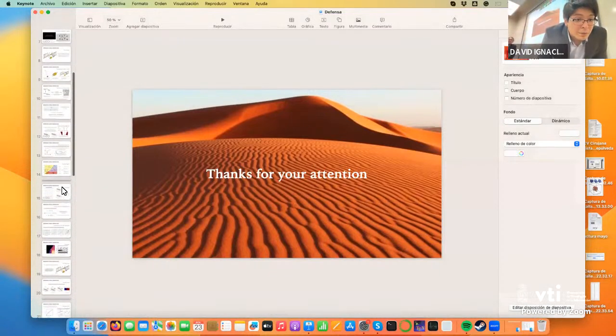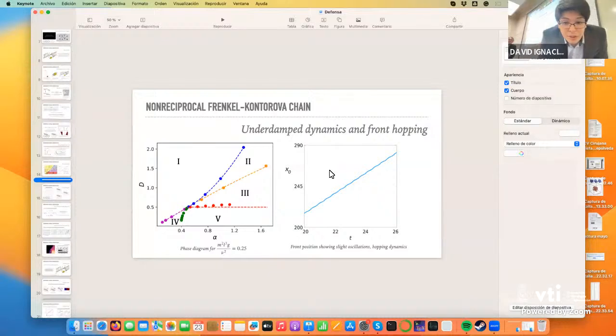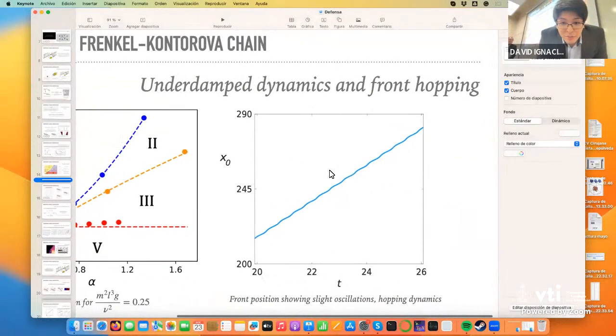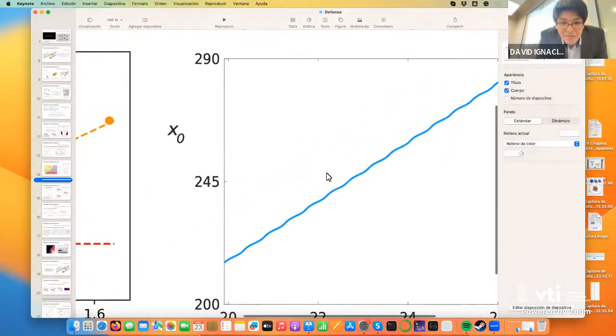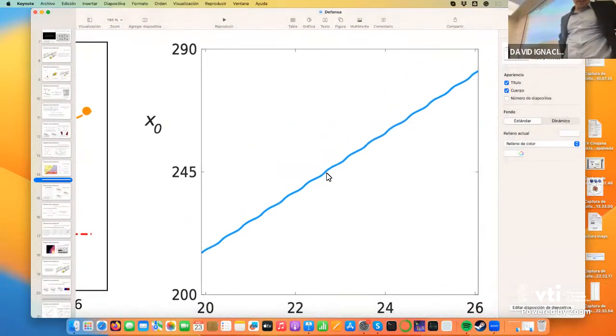I have a small graph showing this small oscillation, and we can see that it is really small, so we neglected it. But you could make more effort to try to compute how this oscillation behaves.